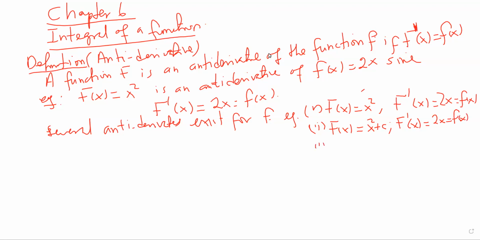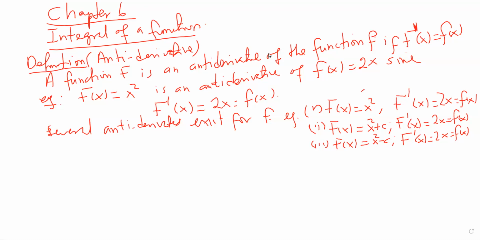And again, if we take big F of s to be s squared minus c, then F prime of s is 2s, which is f of s. So for F of x equal to s squared, we have F prime to be 2x. For F of x equal to s squared plus c, we have F prime equal to 2x, and so on and so forth.